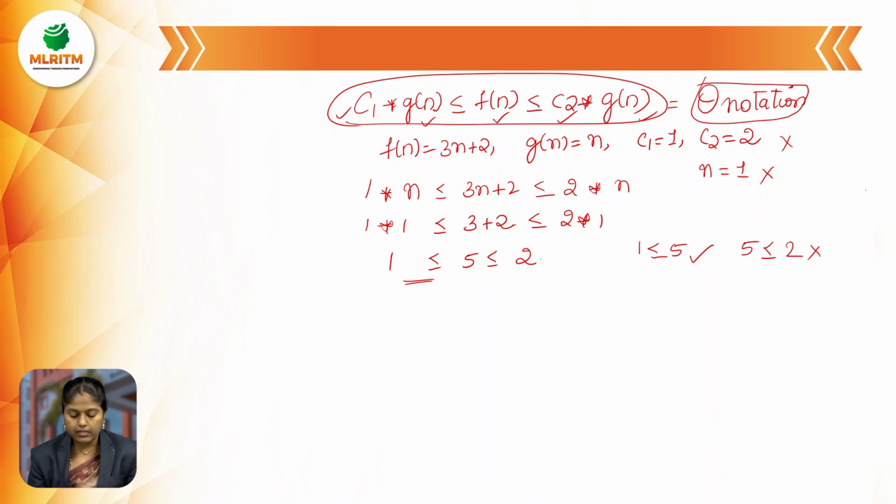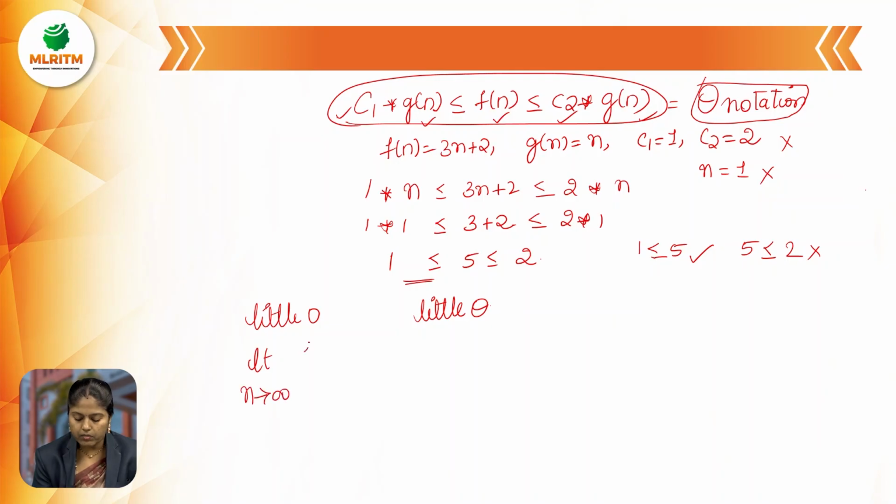Okay, and the next there will be a little o and little omega. For little o, what is the condition? Limit n tends to infinity f of n by g of n. For little omega, limit n tends to infinity g of n by f of n.